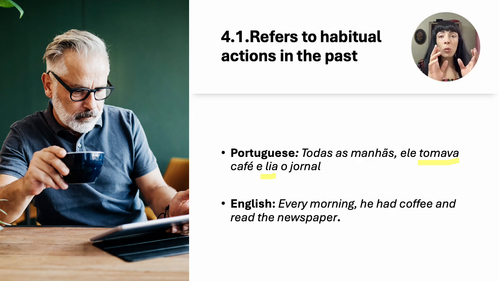So, in this sentence, we see two activities that occurred as part of a daily routine. Both tomava, drank, and lia, read or used to read, describe what this person did habitually each morning.